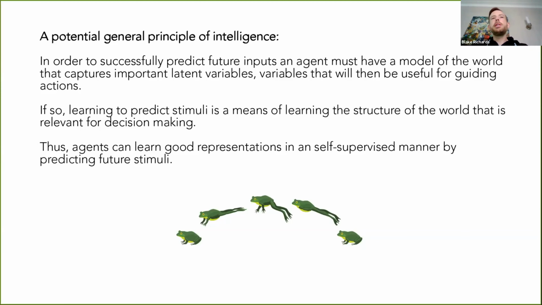And indeed, we see in artificial intelligence that there's been great success recently in developing AI systems wherein the ability to predict stimuli, or alternately to predict modified stimuli from one another, is in fact a good means of developing structured representations that can serve to form the basis of future learning.